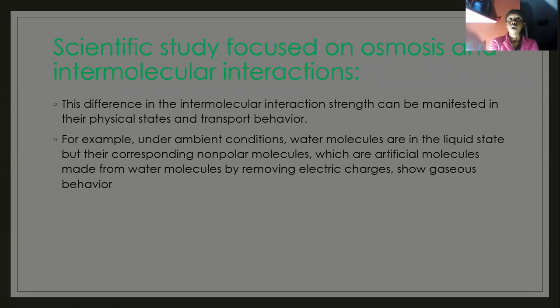However, when the osmolyte interaction strength is intermediate, transport initiates stochastically depending on the number of osmolytes. Surprisingly, because of strong water-to-water interactions, osmosis-driven water transport through a nanochannel is similar to pulling a string at a constant speed. The difference in this intermolecular interaction strength can be manifested in their physical states and transport behavior.